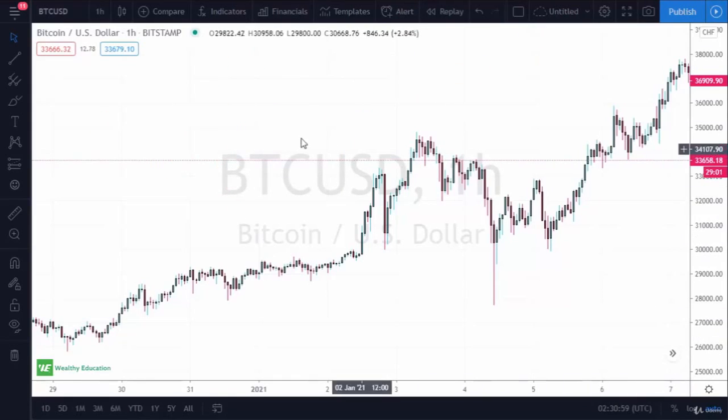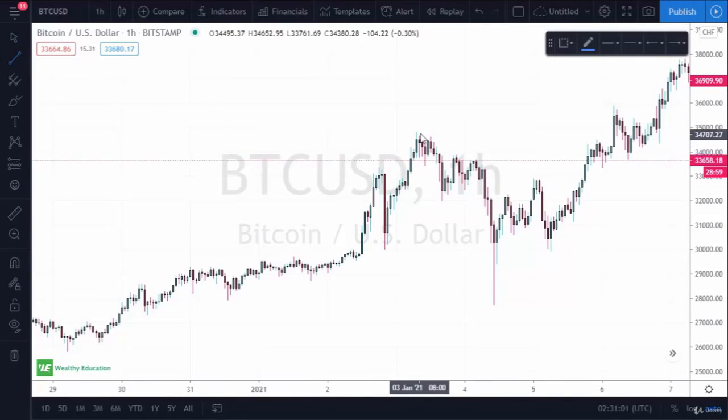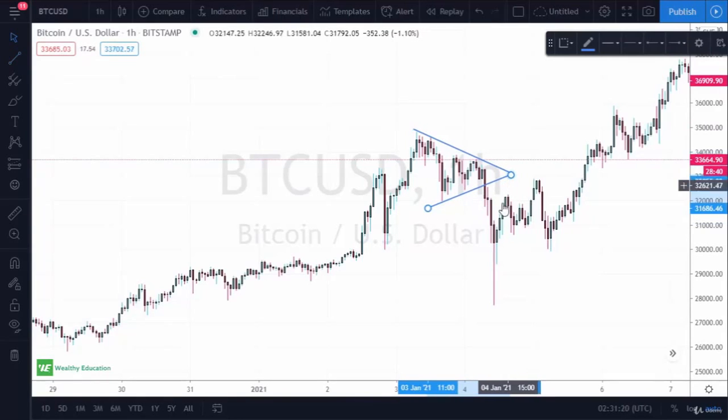So let's take a look at a couple of examples. And here in the Bitcoin US dollar market, here is a triangle. This is a symmetric triangle. Another thing that you may want to keep in mind is you do not want it to run out of time.